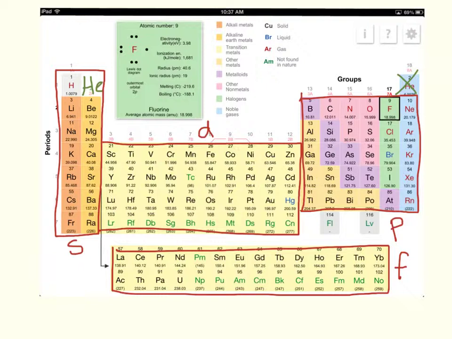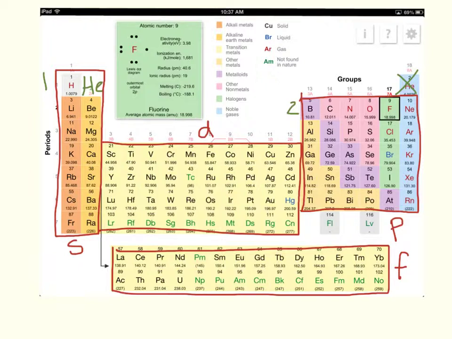We're going to number the very first element that occurs in each block, going from left to right. So hydrogen is the first element in our S block. Then we move over to our P block, because in going in order of sublevels, it goes S, P, D, and then F. So in our P block, boron is the very first element that we come to, so that's going to get the number 2.